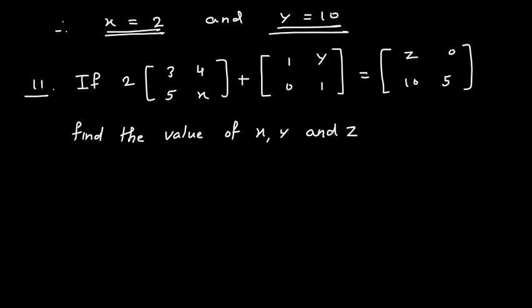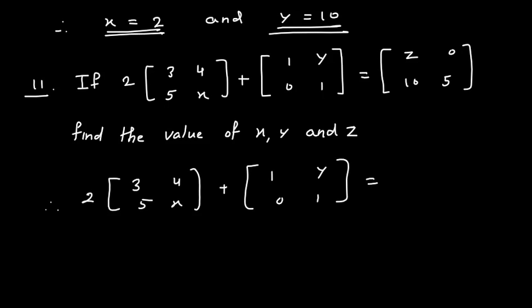Now this 11th problem is 2 times this matrix plus this matrix is equal to this matrix. I have to find the value of x, y and z. So again, 2 times we have 3 4 5x, plus here we have 1 y 0 1, is equal to, here we have z 0 10 and 5.